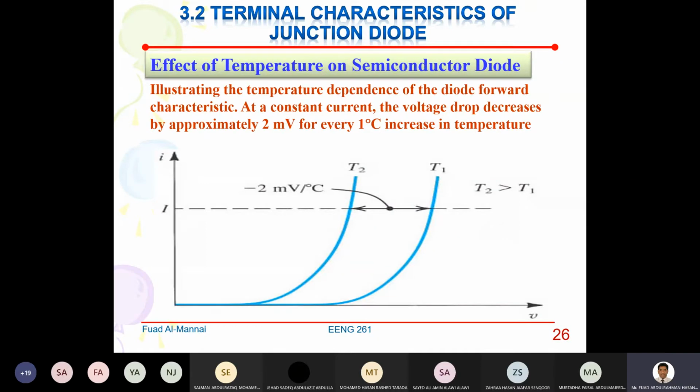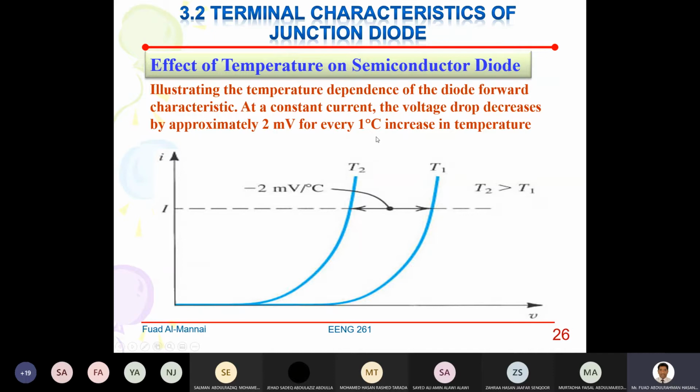Effect of temperature on a semiconductor diode. This is the graph, the curve for ID versus VD. If the temperature here is say 25 C, you will see that VD is equal to 0.7 volt. As the temperature increases, the voltage drop decreases by approximately 2 millivolt for every 1 degree increase in temperature. This is approximate.